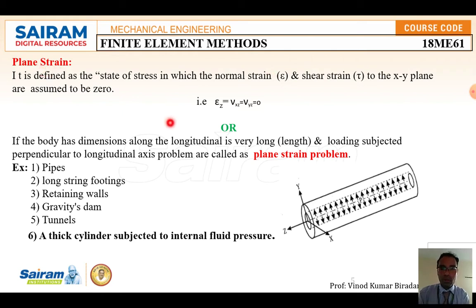Another way to define it: if the body has a very long dimension along the longitudinal axis, and the loading is subjected perpendicular to the longitudinal axis, such a problem is called a plane strain problem. Consider a long strip element where the loads act uniformly, perpendicular to the longitudinal axis.